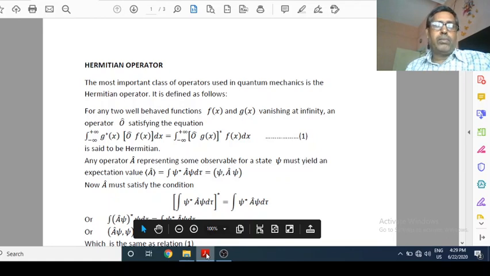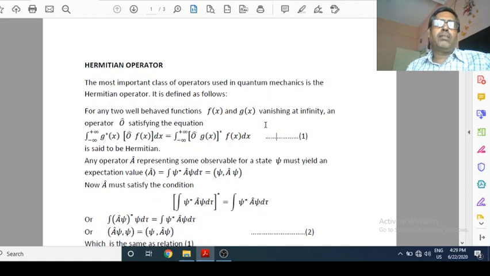In addition to the Hermitian operator, there are other operators which we use in algebra and calculus, such as multiplication, division, subtraction, square root, and you may say partial differentiation. And like this, there are so many operators. The Hermitian operator is the most important class of operators used in quantum mechanics.